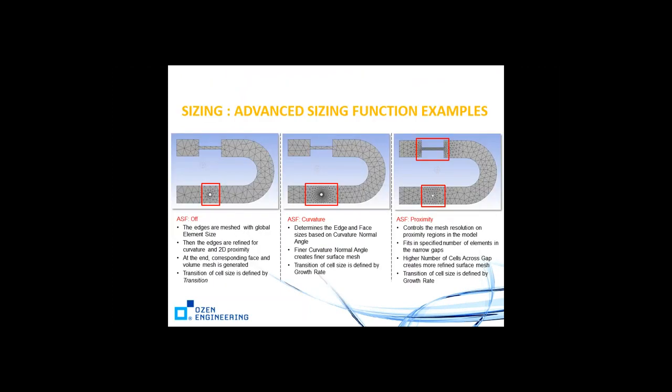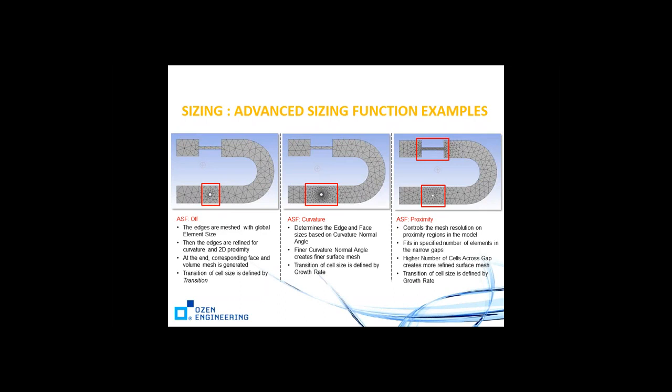And here you can see an example. With advanced size function off, this is the type of mesh you'll get. With ASF turned on for curvature, as you see this small hole, it's going to pay a lot of attention to that. And with ASF set to proximity, it will start filling in this region here, since that small feature is very close to the edges.